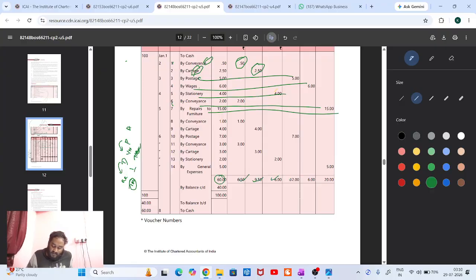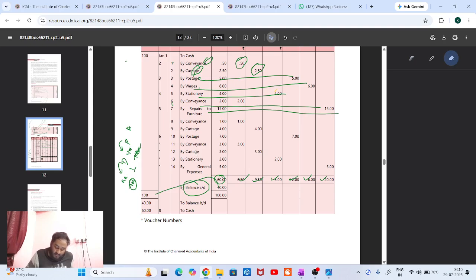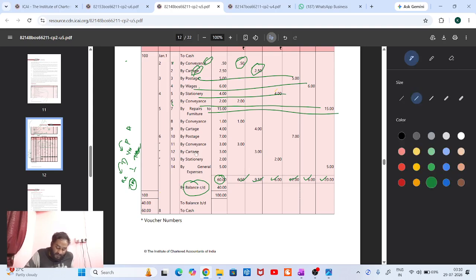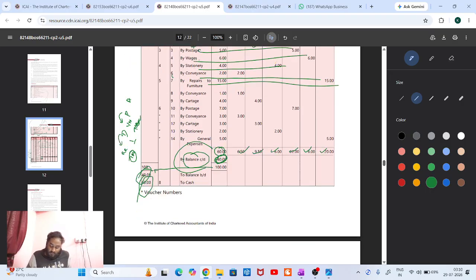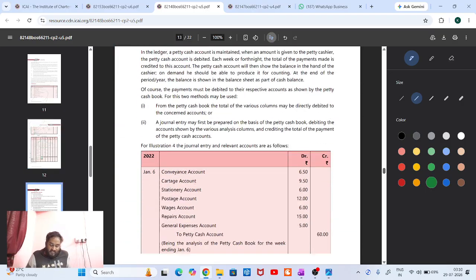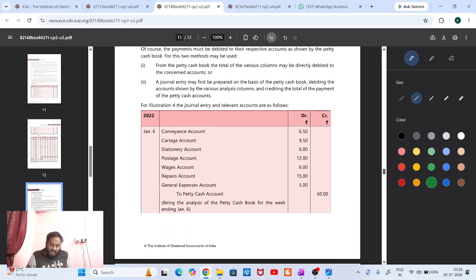Write all the balances, and by balance carried down, which is 100 rupees minus 60 rupees, which is the balance amount. 40 is the balance, 60 is the amount we have paid. It is very easy if you try, if you understand.